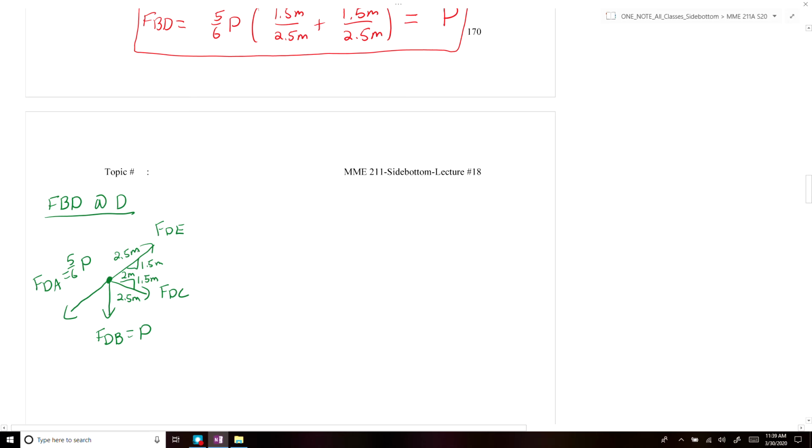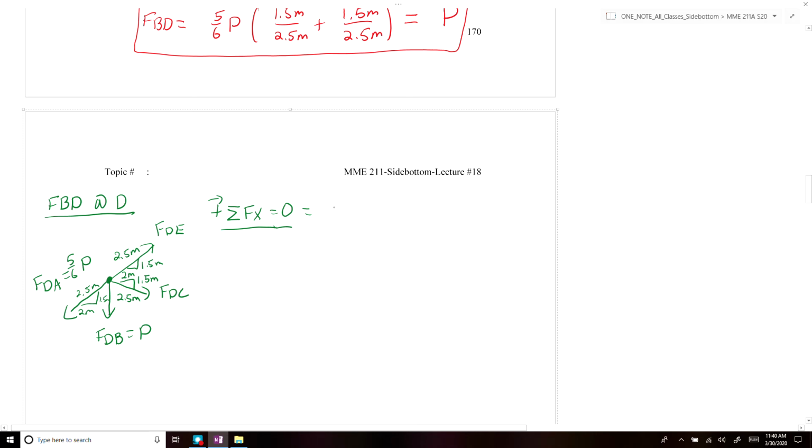All right, so we can use the equilibrium equations again to solve for our two unknowns. If we sum the forces in the x direction first, we have to include the x component of FDA.